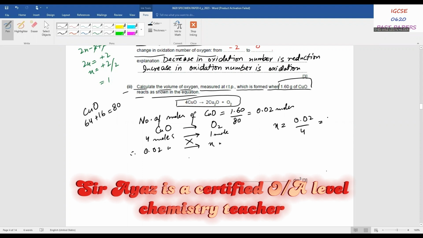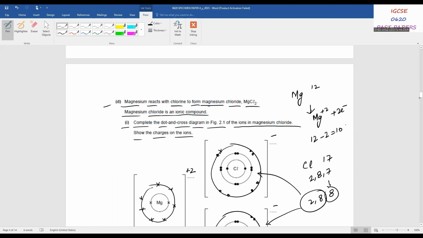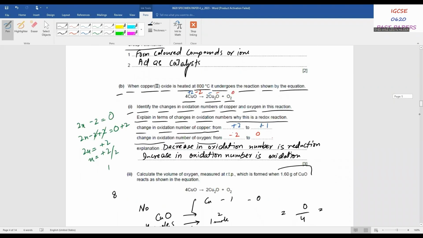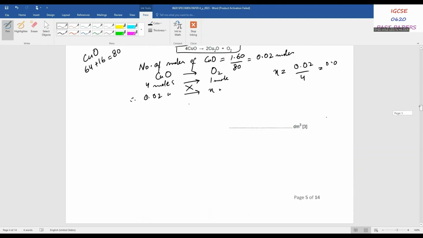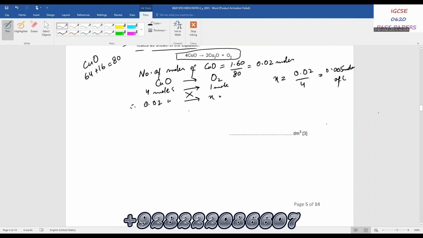So the answer will be 0.005 moles of oxygen. What you will do, you will simply multiply this value by 24 in order to get the volume of O2. Volume of O2, 24 multiplied by 0.005, and the answer will be 0.12 dm³.